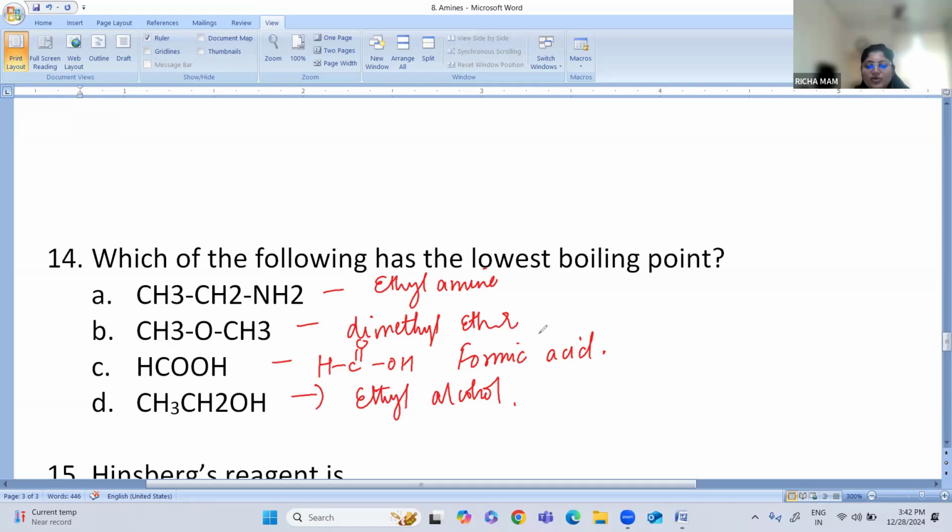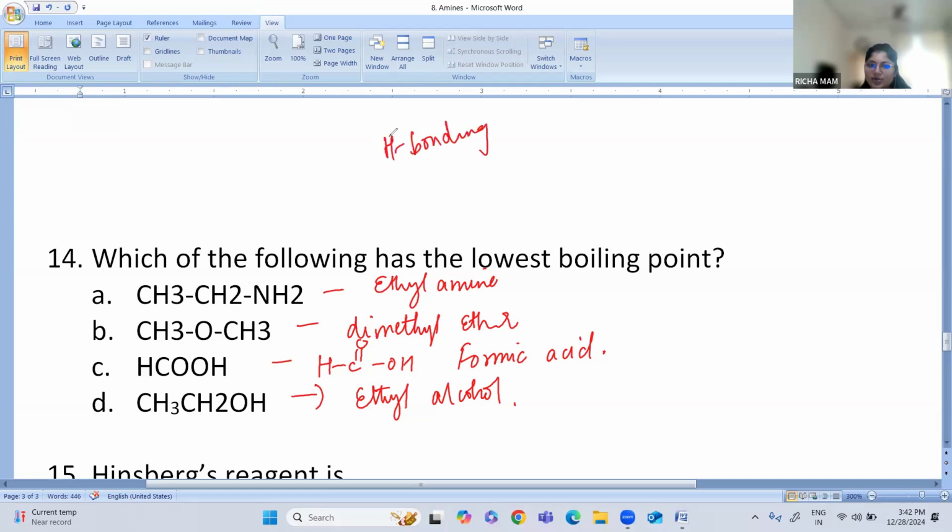They have asked which will have the lowest boiling point. Remember, for solubility and boiling point, what is necessary is hydrogen bonding.